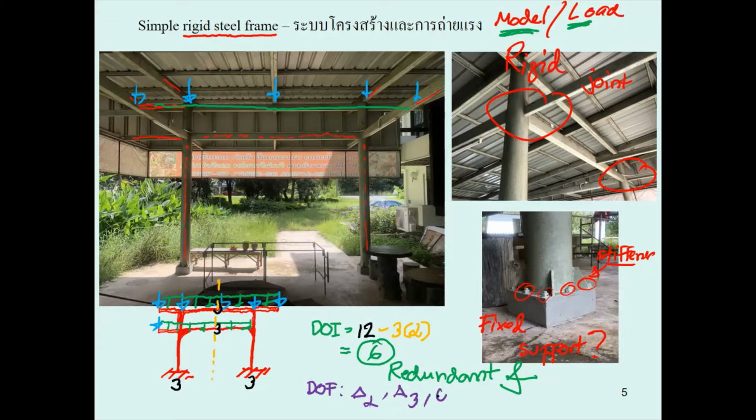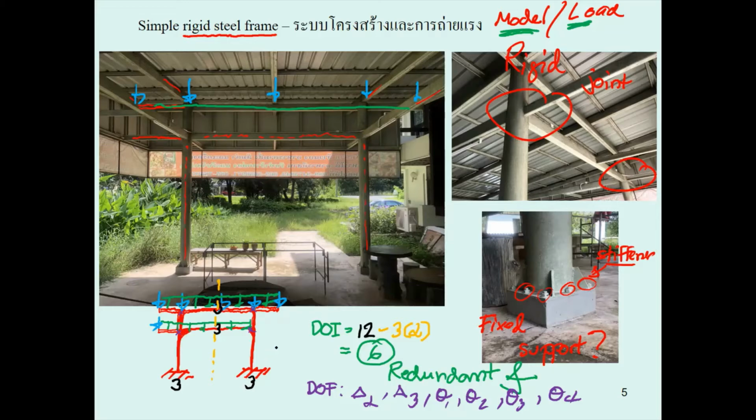You may have the slope at each joint 1, 2, 3, 4. Theta 1, theta 2, theta 3, and theta 4. And then you're going to solve for at least 5 degrees of freedom.